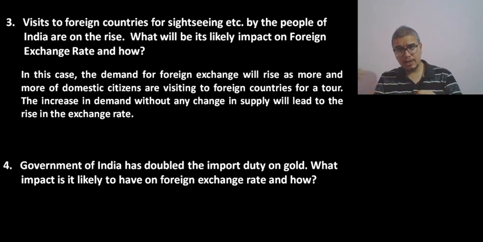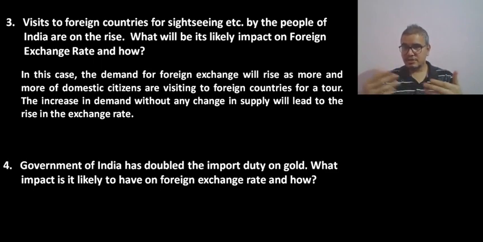The import will decrease. Whenever there is a decrease in import of foreign goods, obviously the demand for foreign exchange will fall. And when there is a decrease in demand for foreign exchange, supply remaining the same, it means that there is deficient demand, or we can say it oppositely, that there is excess supply of foreign exchange in India.